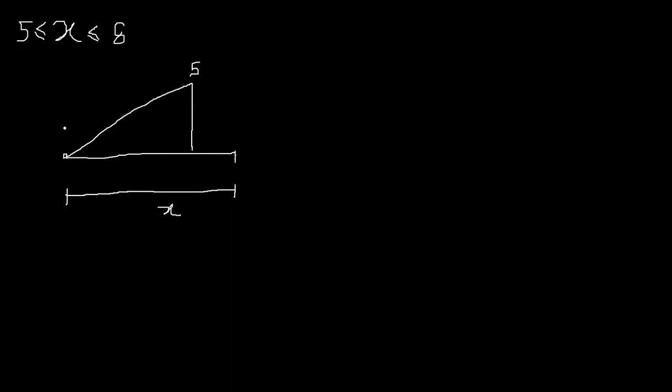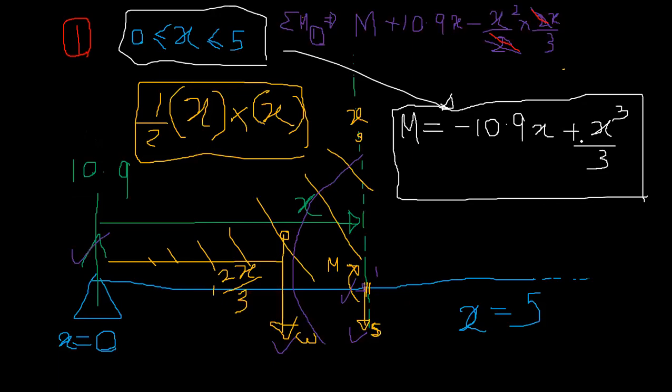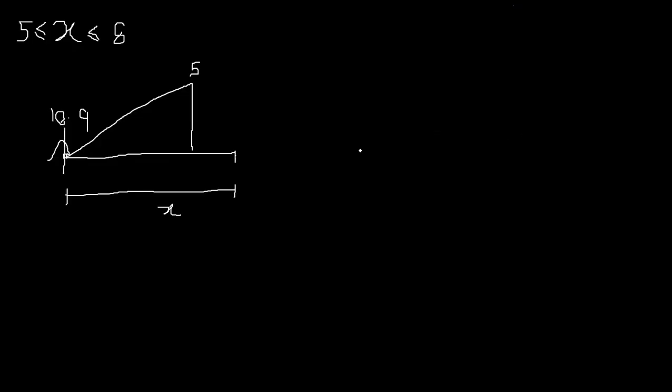Okay. So, and you have a reaction of 10.9, right? So even if we consider all these things, but we derive it, this is valid only for x equals 5 and 8, not valid for this region, right? This is between these points, right? For this region, we have another equation that we derived earlier, right?